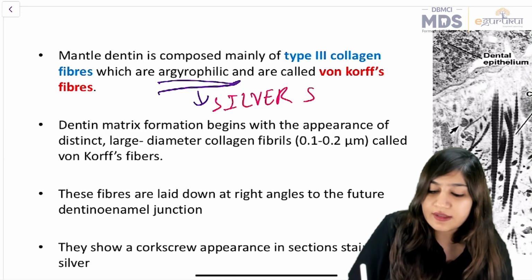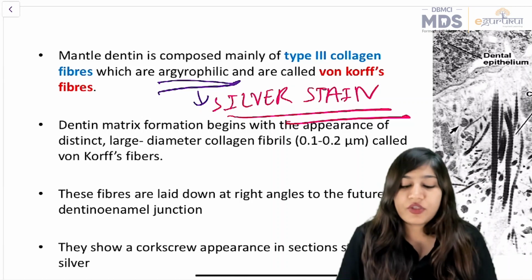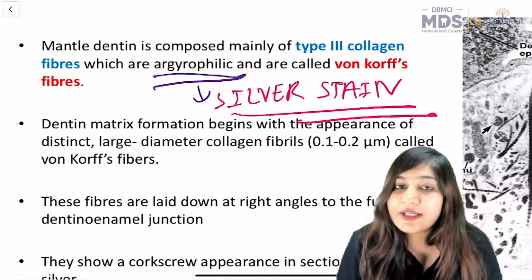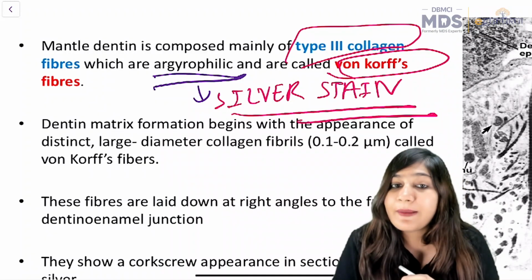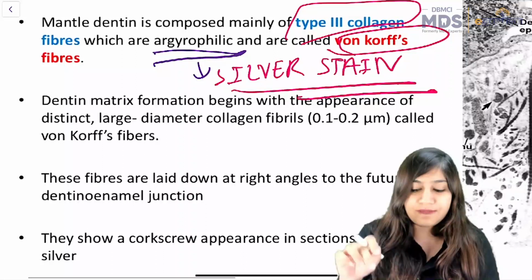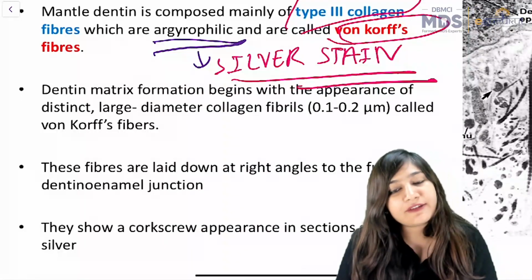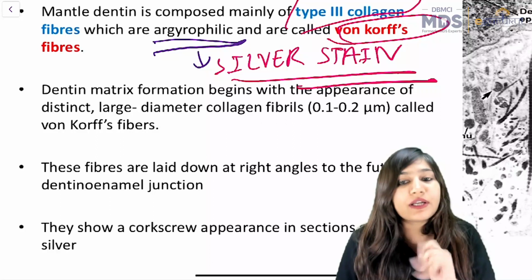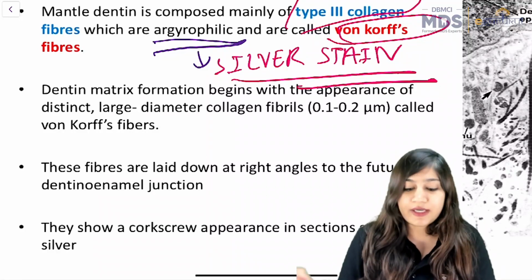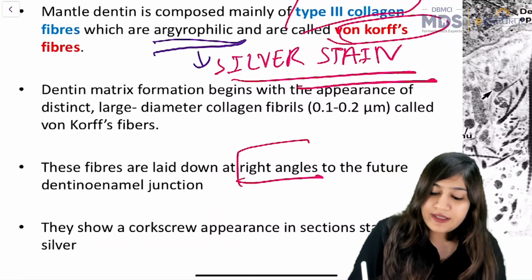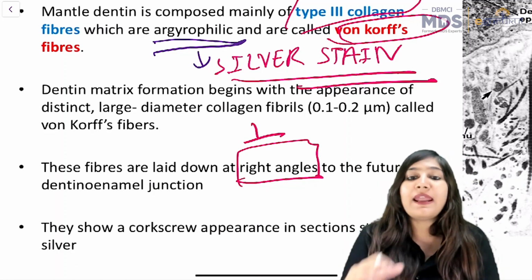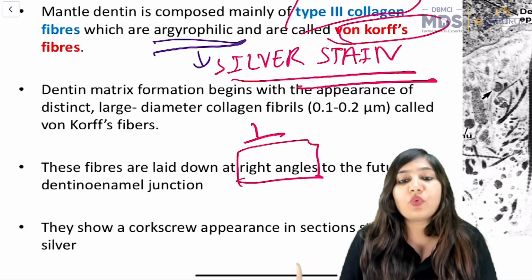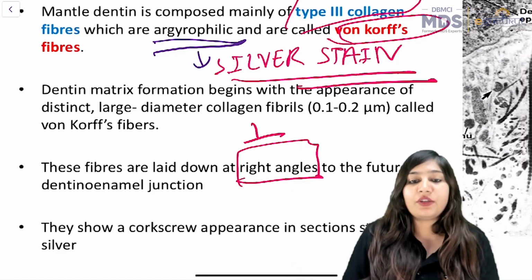Silver stain. So they are mainly argyrophilic and they are known as von Korff's fibers. These type 3 fibers present in mantle dentin are von Korff's fibers. They are larger diameter fibers and they are usually perpendicular to the dentino-enamel junction. They are present at right angles, perpendicular to the dentino-enamel junction, after which the fibers laid down will be parallel to the dentino-enamel junction.